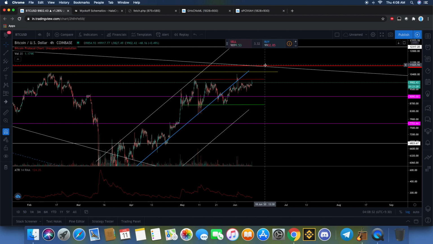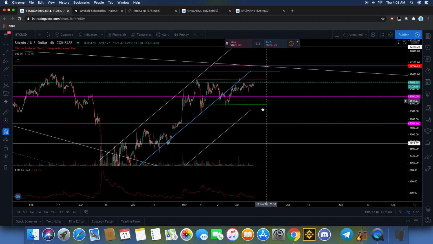It can't just go here and touch 10,900 and suddenly drop down. So it is very hard to give a false breakout in the case of these big ranges.